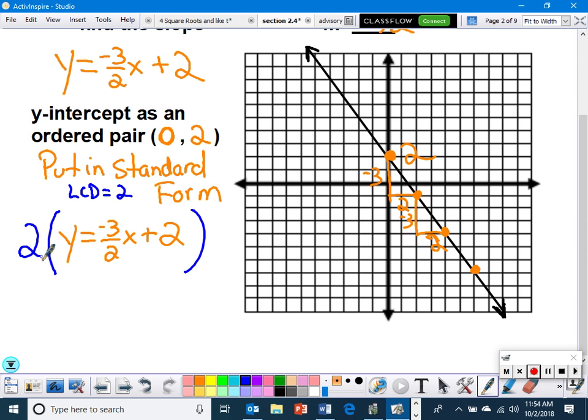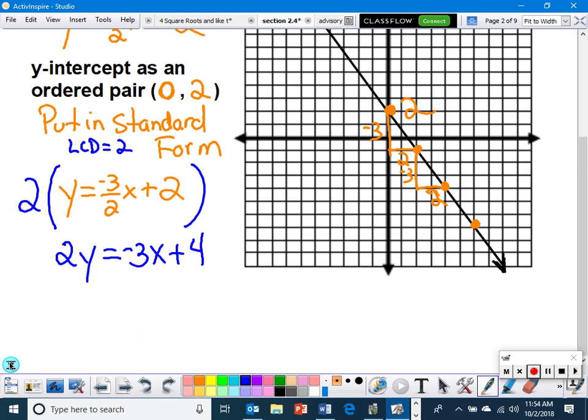Because when it's in standard form, we want the a and the b and the c to be integers. All right, so this is what we get. 2 times y is 2y equals 2 times negative 3 over 2, that's just going to be negative 3x. And 2 times 2 is going to be 4. All right, so we got rid of the fraction.